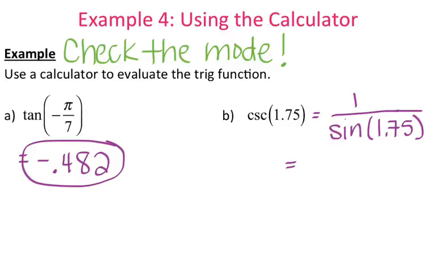So anytime I give you a trig function that is not sine, cosine, or tangent, so I give you cosecant, secant, or cotangent, you can take 1 over the original trig function and plug that into the calculator. So 1 divided by sine of 1.75 gives you 1.016. Alright, so that concludes your notes for section, I forgot what section this was, 4.2.